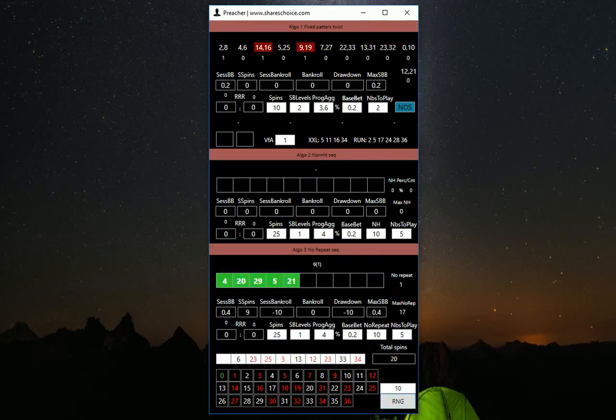So I will generate other numbers, and now what we can see here, several fixed patterns have a 1, which means, for example, number 2 came, we were playing 10 spins, and 2 or 8, none of them came. Therefore there is 1.